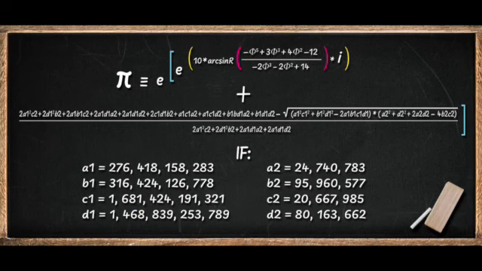And so, in conclusion, that is how my sine equation ultimately simplifies down to this, which is a very, very close value to pi.